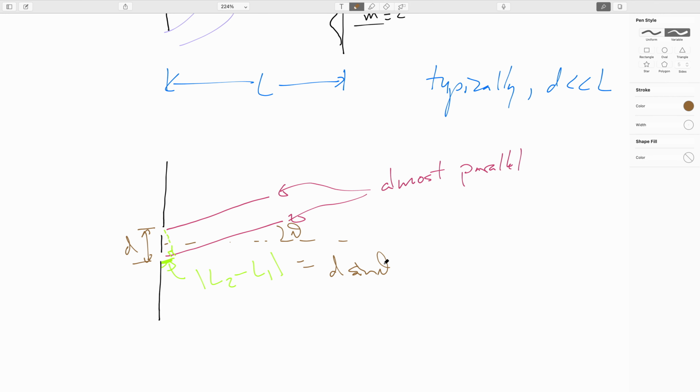Now, this is also going to be equal to an integer number of wavelengths. It's going to be 0 if it's the central max, 1 if it's the first max, 2 if it's the second max, and so forth. So this is going to be equal to m times lambda, where m can run from 0, 1, 2, 3, etc.